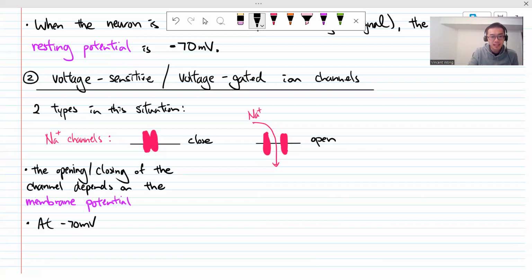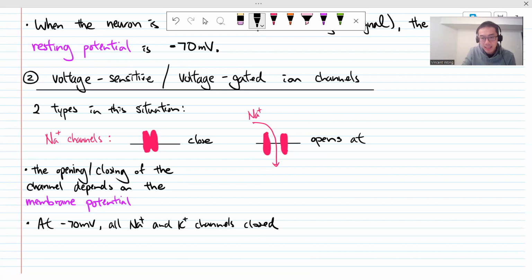At -70, all sodium channels are closed. All sodium and potassium channels are closed. So when do they open? The sodium channel will open at -60, and then it will close at, I'm rounding the numbers so that it's easier for you to remember, around 30 millivolts.